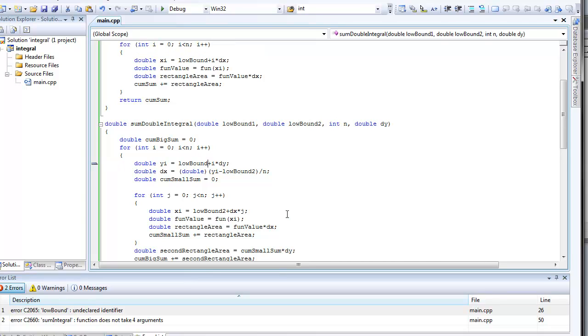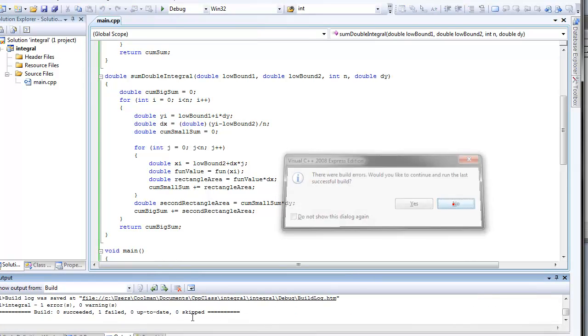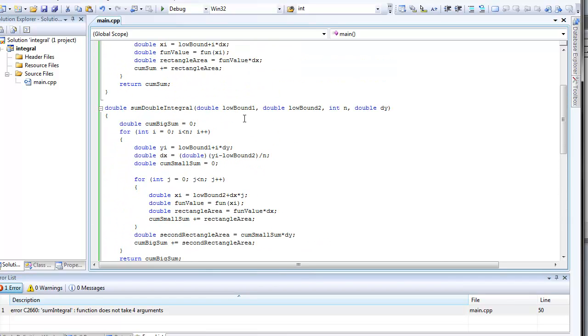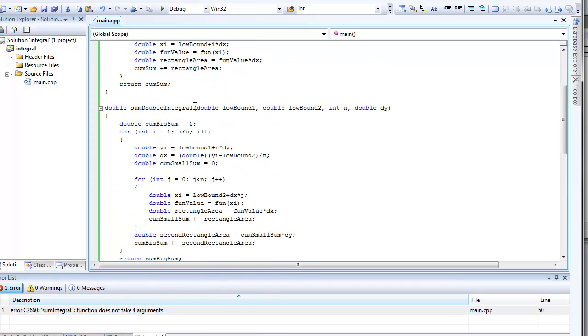Here it's low bound 1 because it refers to the outer integral. Does not take 4 arguments. Why? Because we have some double integral.